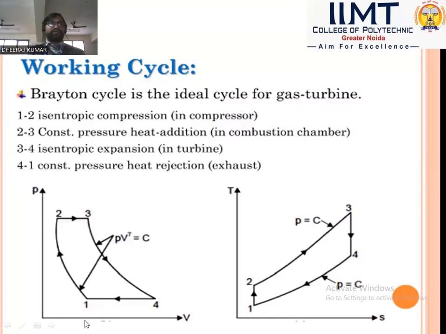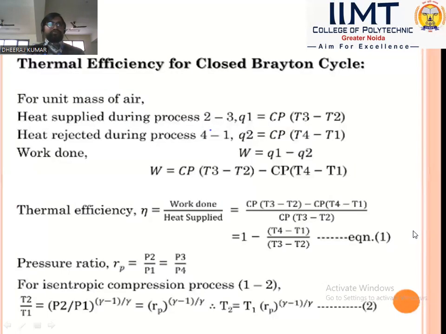This is the PV diagram of the Brayton cycle, and this is the TS diagram of the Brayton cycle. First we talk about the thermal efficiency of the Brayton cycle.